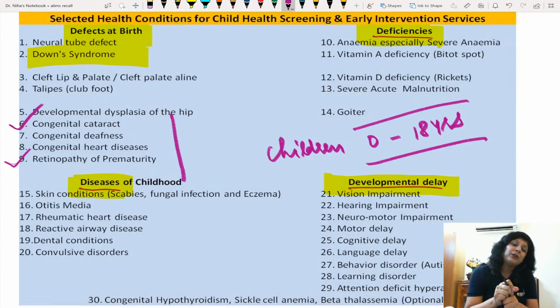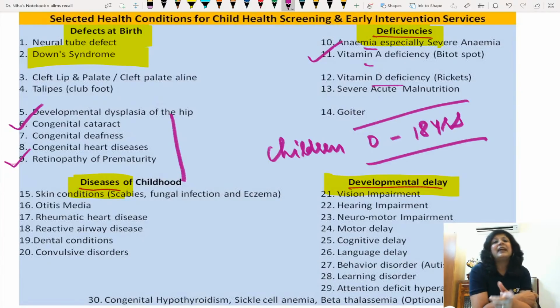Now if I am talking about the deficiency of all the nutrients, it can be vitamin A, vitamin D, overall malnutrition, and deficiency of the thyroid, which can cause goiter. So vitamin A is also there. So here comes the answer: it is glaucoma which is not included.